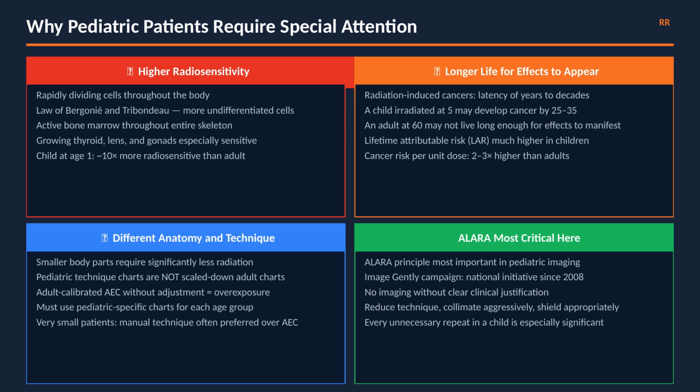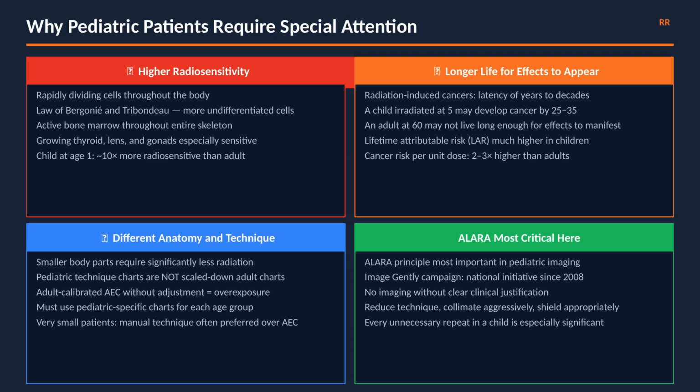Higher radiosensitivity. By the law of Bergonié and Tribondeau, cells that are rapidly dividing and undifferentiated are most radiosensitive. Children have rapidly dividing cells throughout their bodies, not just in growth plates.